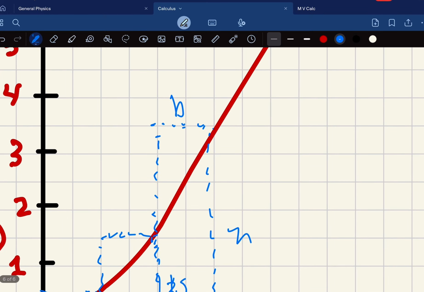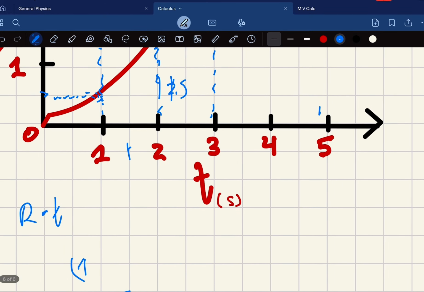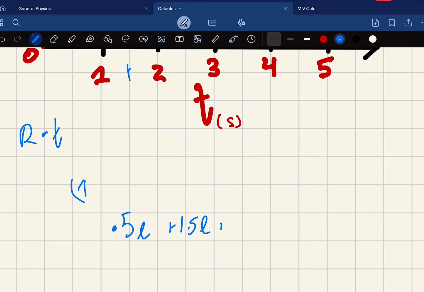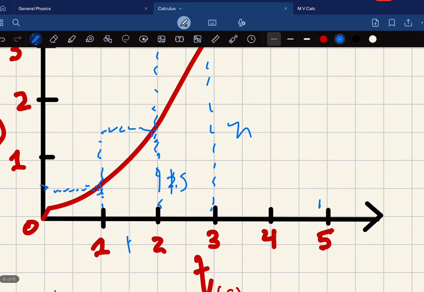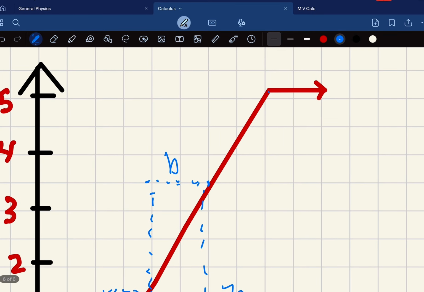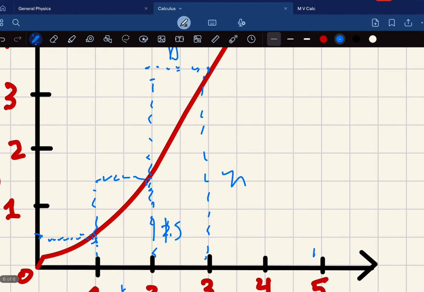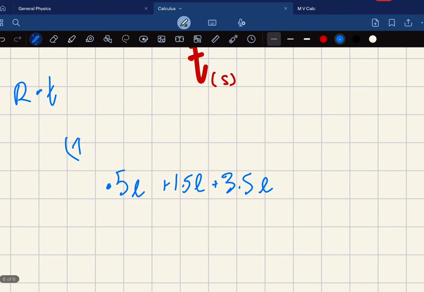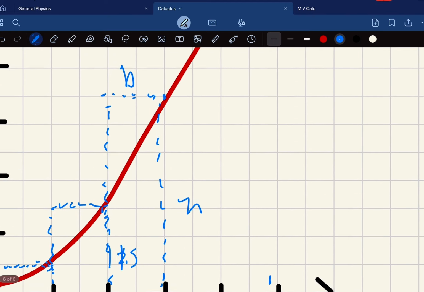Now this one right here is 3.5 liters per second times that 1 second. So it is 3.5 liters. Then for 4 seconds, we can see that this is equal to 5 liters per second. So this is going to be 5 liters.